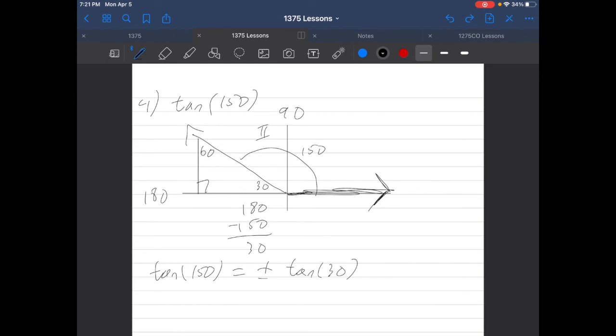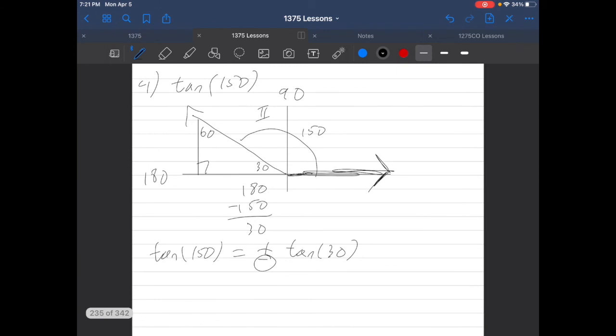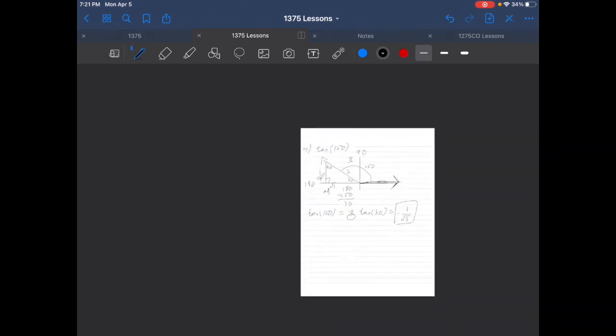The sine function is positive, which makes the tangent function negative. So if we look at 1 here, 2 at the hypotenuse, radical 3 opposite the 60-degree angle. Opposite is 1, adjacent is radical 3. That means the tangent of 30 is equal to 1 over radical 3, which is indeed negative.